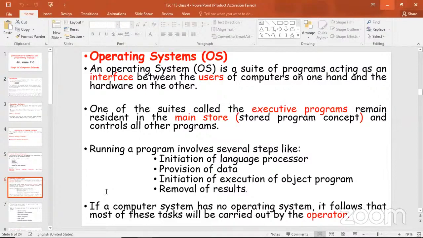And guess who the operator is? You. So imagine you having to initiate the language processor, provide data at the same time, execute the object program, that's what the computer can understand, then get out the result. This is a lot of tasks, but the operating system has helped you in such a way that it makes this easy. So please let me go to the chat and see if there are questions so far.